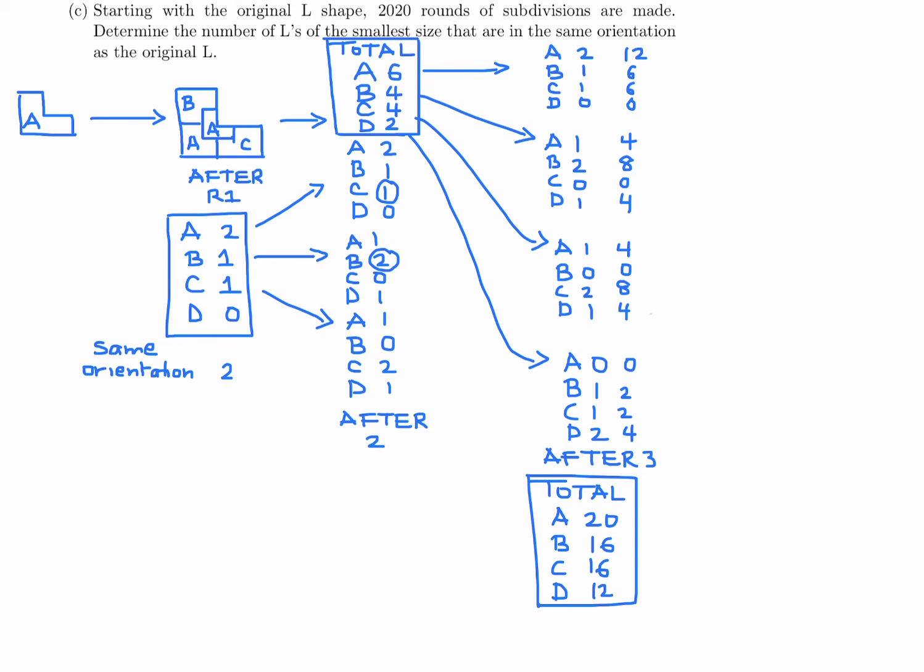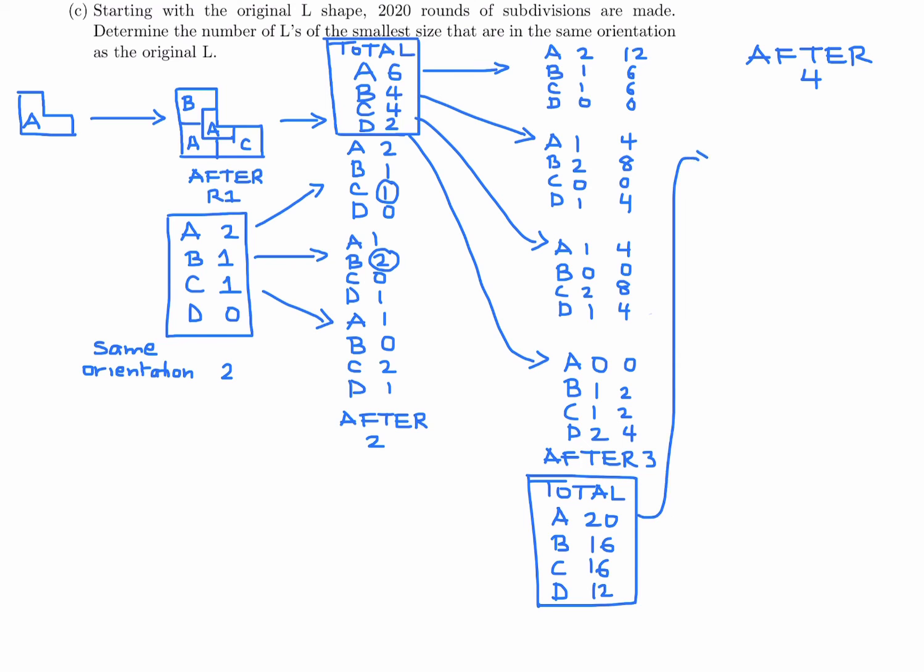So this was my scenario after round 1. This was my total after round 2. And this was my total after round 3. So let's do one more round, and we'll call it, obviously, after round 4. So here we go. This is my starting point. Same story.